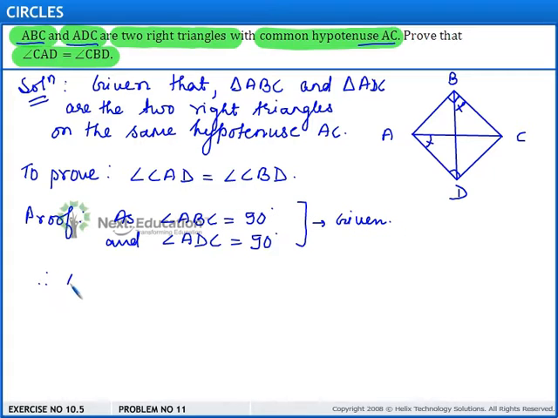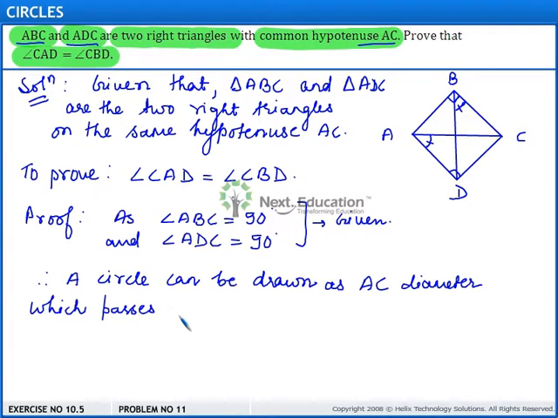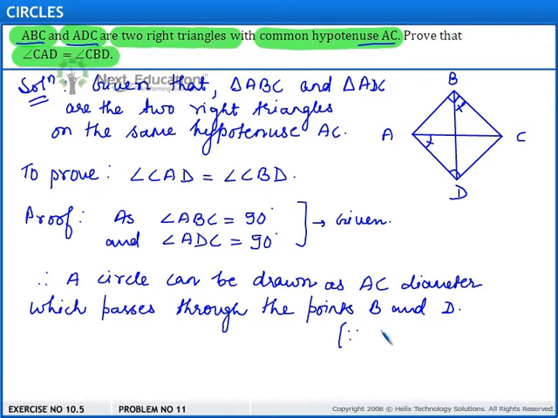Therefore, a circle can be drawn with AC as diameter which passes through the points B and D. And this is because the angle in a semicircle is 90 degrees.